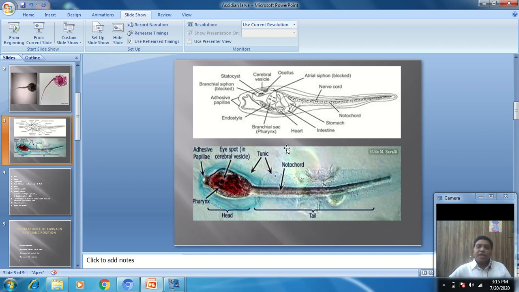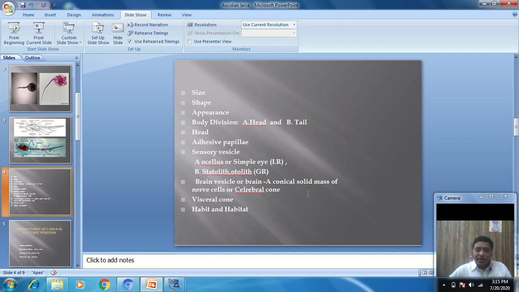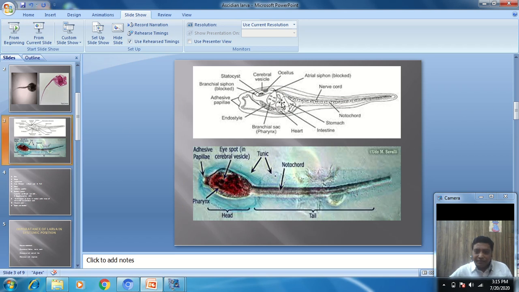Next, another important part is the brain vesicle, or brain. The brain is a conical solid mass of nerve cells, and it extends through the entire part of the tail.